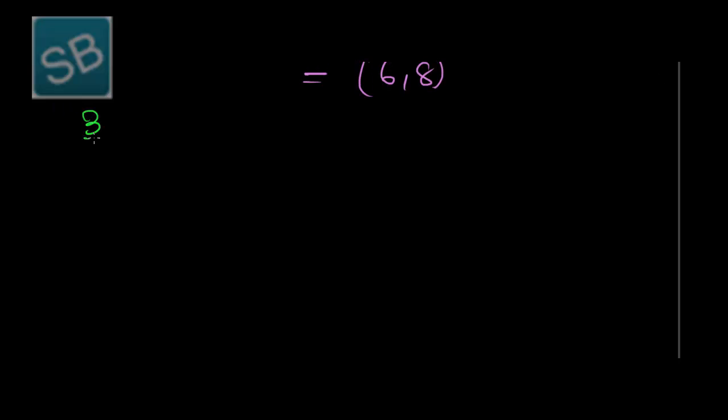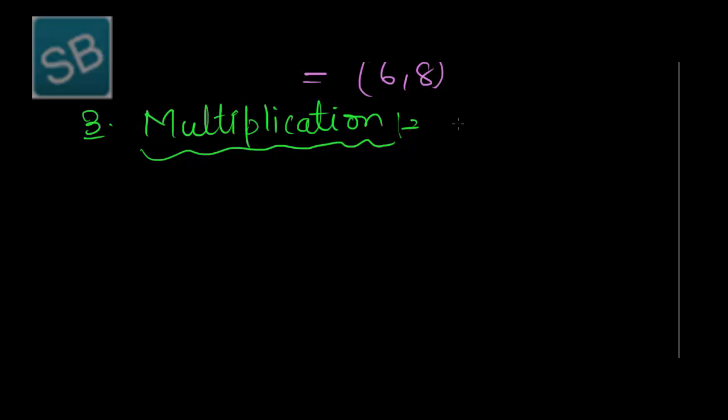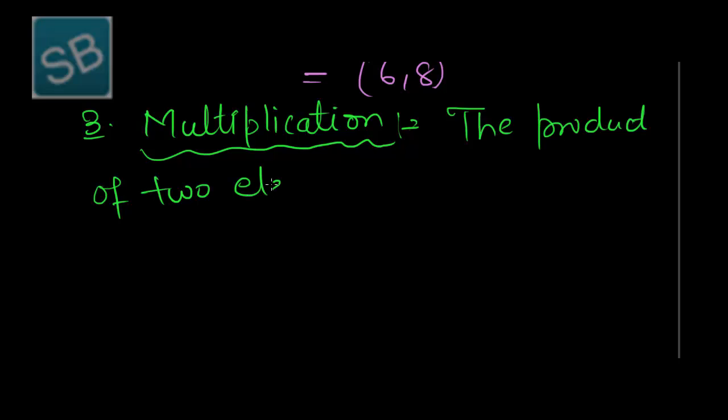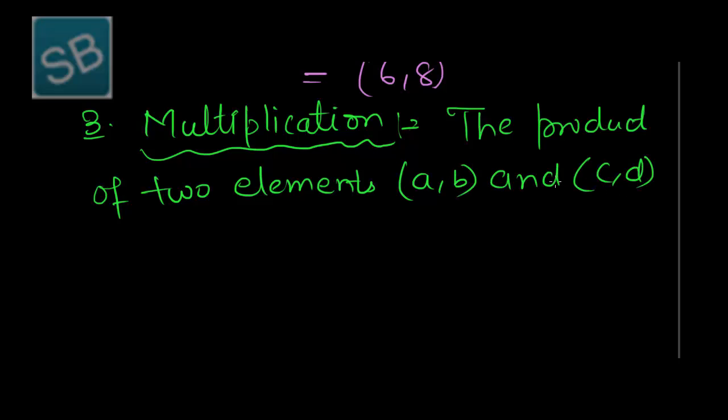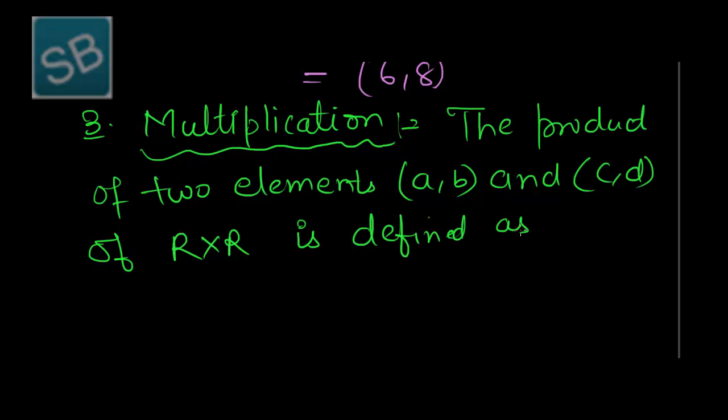Now the third property is multiplication. So here we learn how we can find the product of two elements. The product of two elements (A, B) and (C, D) of R cross R is defined as follows.